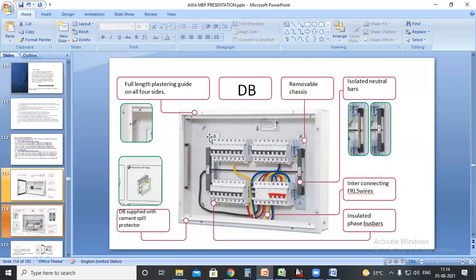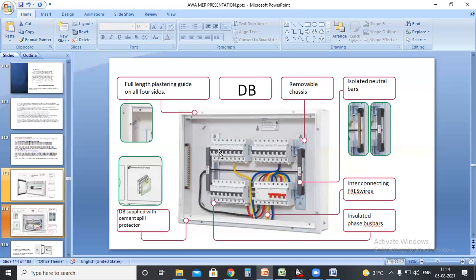So this particular DB we will be using when the load is greater than 5 kW, that is 5000 watts. As you have already seen in the balanced condition, you can see R phase, Y phase, and each phase will have individual breakers. But in this particular case, all the individual breakers will have only 230 volts as the output.